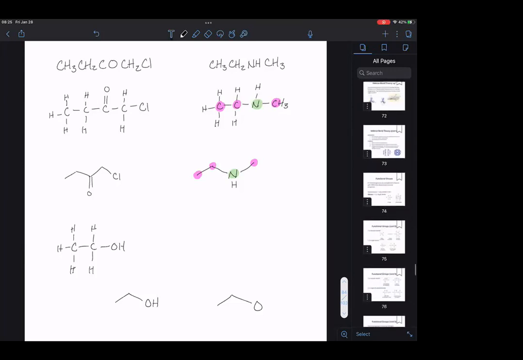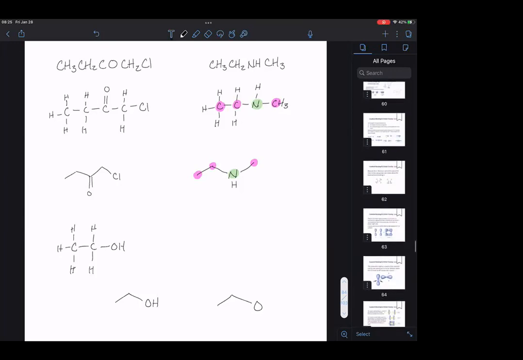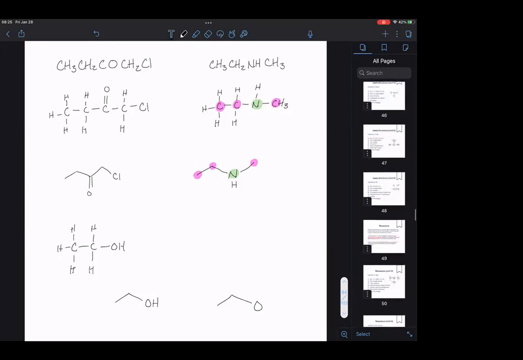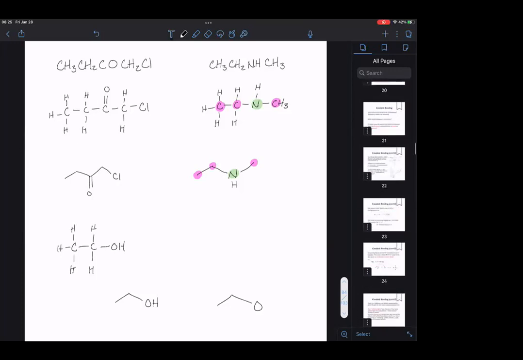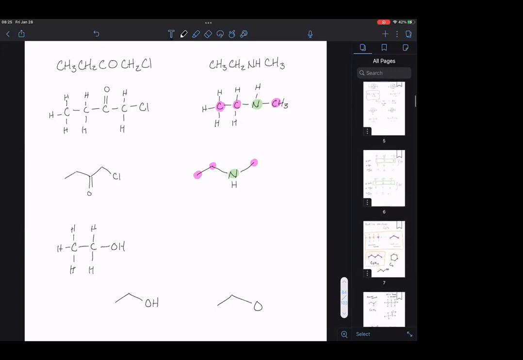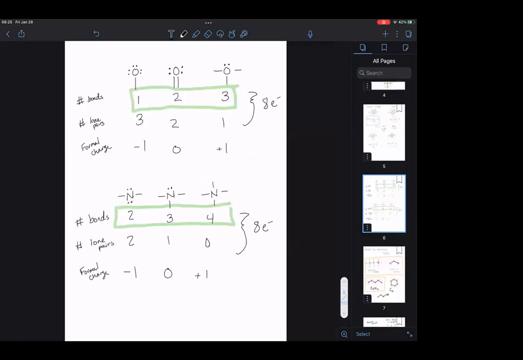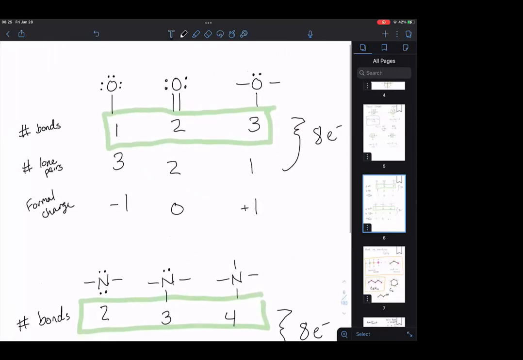Let's remember we built a little cheat sheet last time. Remember, the number of bonds corresponds to the formal charge on those atoms.